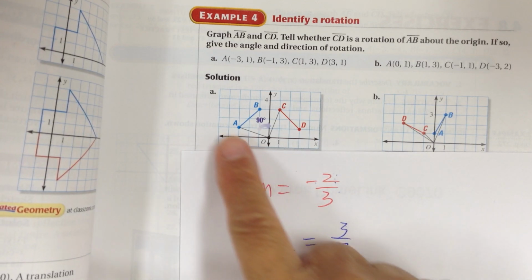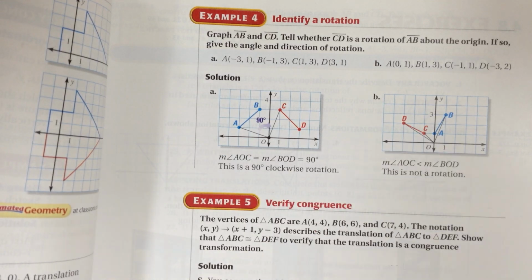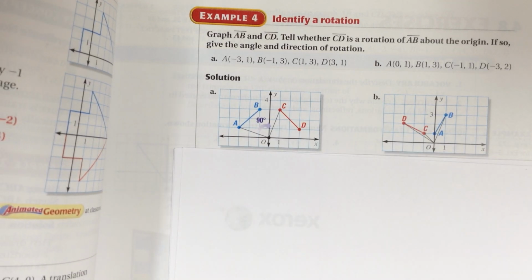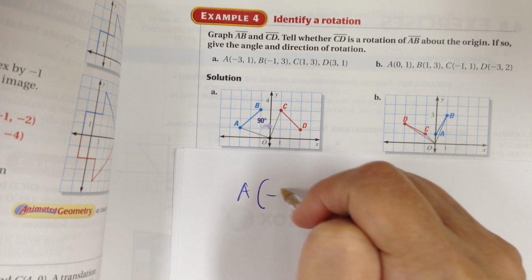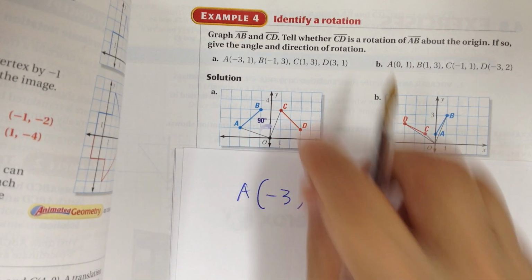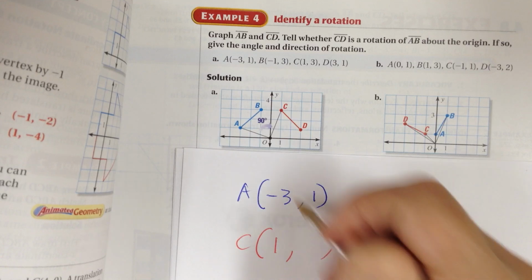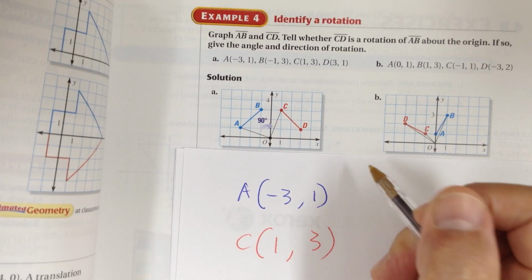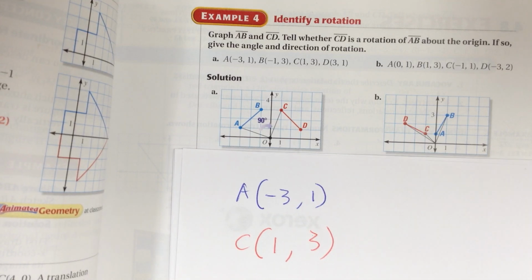So when you have a rotation about the point of origin, you can use this concept. If you notice, point A has coordinates -3, 1. Now point C has coordinates 1, 3. So again, the numbers got switched and became opposite, just like the slope.